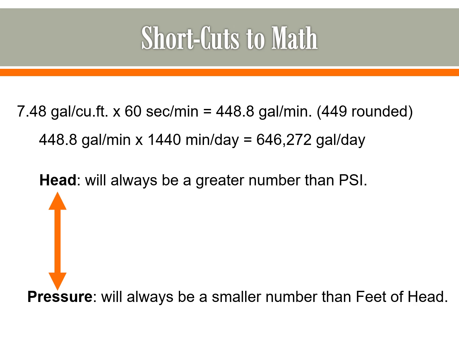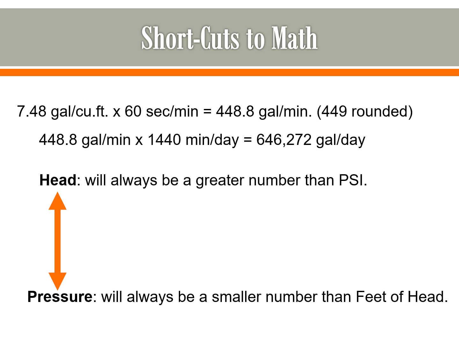The sheer number will be larger than the number you would get if you were calculating PSI, and vice versa. If you are trying to solve for pressure, that number will be smaller than the number you would have gotten if you were calculating for feet of head. So just having that understanding can help you get the correct answer.